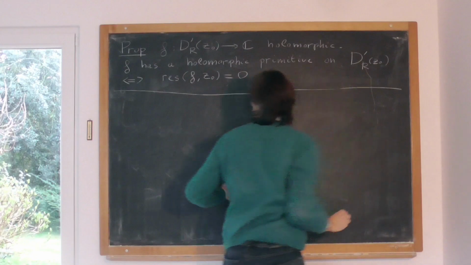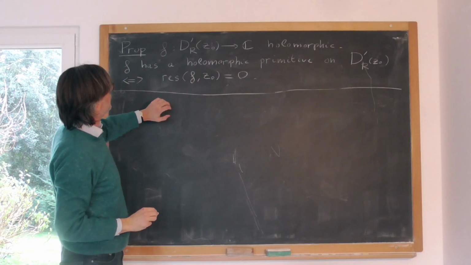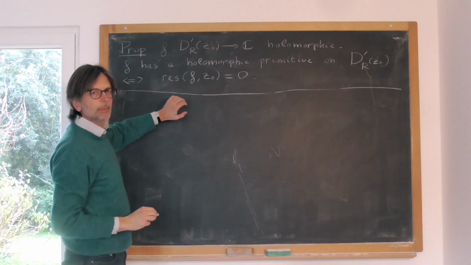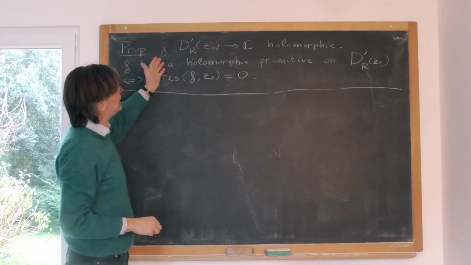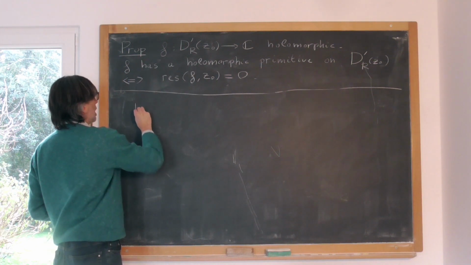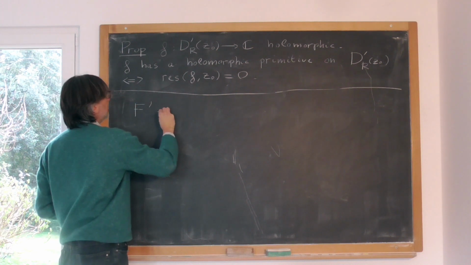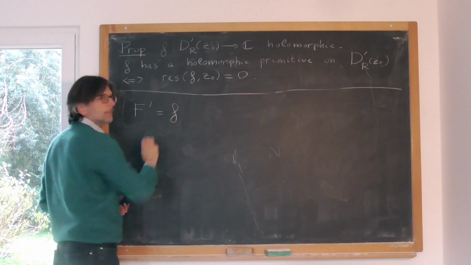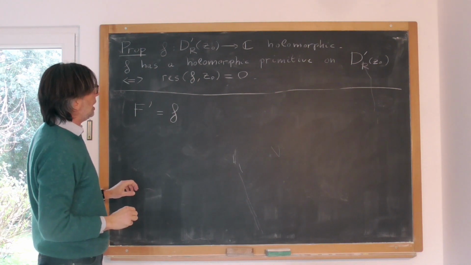So before we show the proof of this proposition, let me recall some things about primitives. So first of all, what is a primitive of a holomorphic function? A primitive of a holomorphic function is just another holomorphic function, let's say big F, whose derivative is small f. This is a primitive of small f.